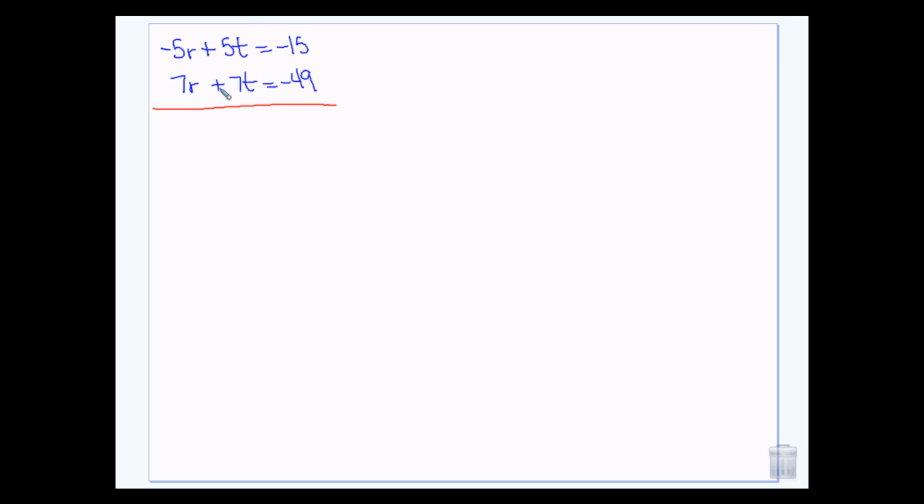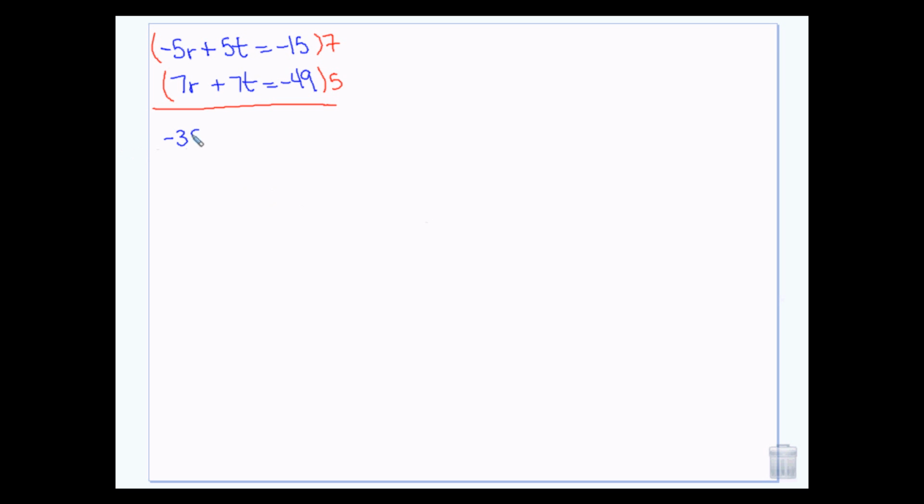I'm going to use these two to solve for either r or t. So what I'm going to do is pick this set because one's negative and one's positive, so that's going to make it easier to eliminate. And I'm going to multiply this equation by 7 and this equation by 5 to give me a negative and positive 35.